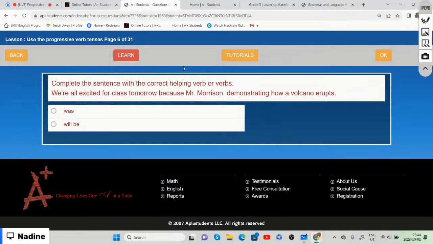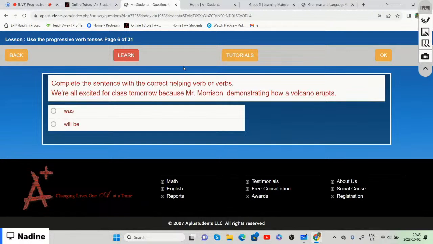Tomorrow, does tomorrow show that it is happening now? Does tomorrow show that it happened in the past? Or does it show that it will be happening in the future? So we are all excited for class tomorrow because Mr. Morrison demonstrating how a volcano erupts.